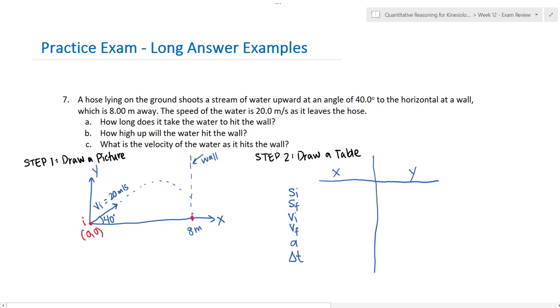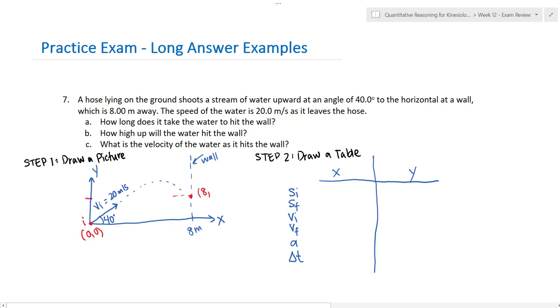And this is our final position over here, and that point then would be up here, because that water is hitting the wall. It's not actually landing on the ground. So our final position is 8, comma, whatever we label this value as over here.